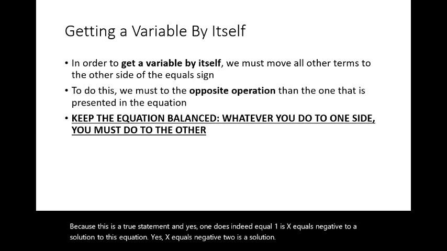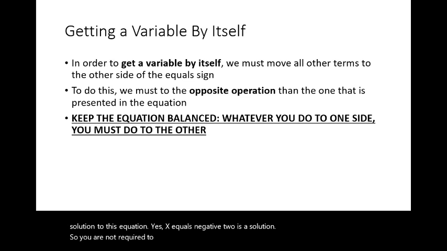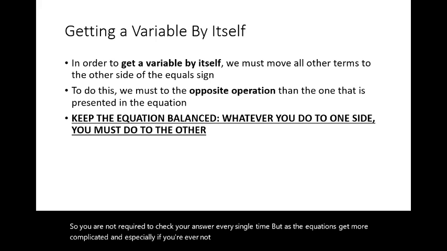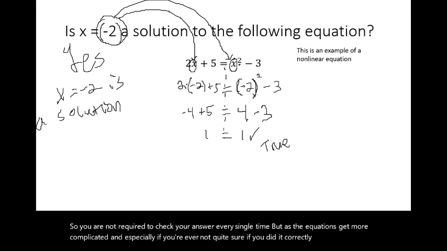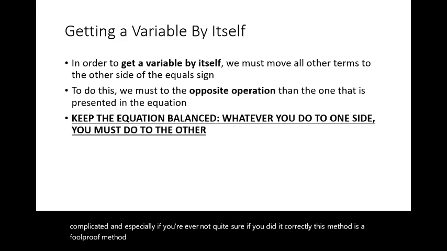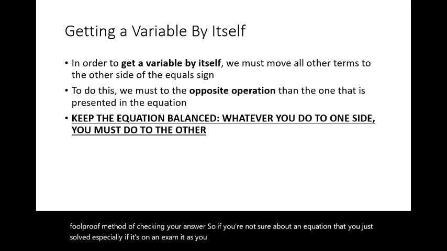So you are not required to check your answer every single time, but as the equations get more complicated, and especially if you're ever not quite sure if you did it correctly, this method is a foolproof method of checking your answer. So if you're not sure about an equation that you just solved, especially if it's on an exam, as you notice, it doesn't take very long.